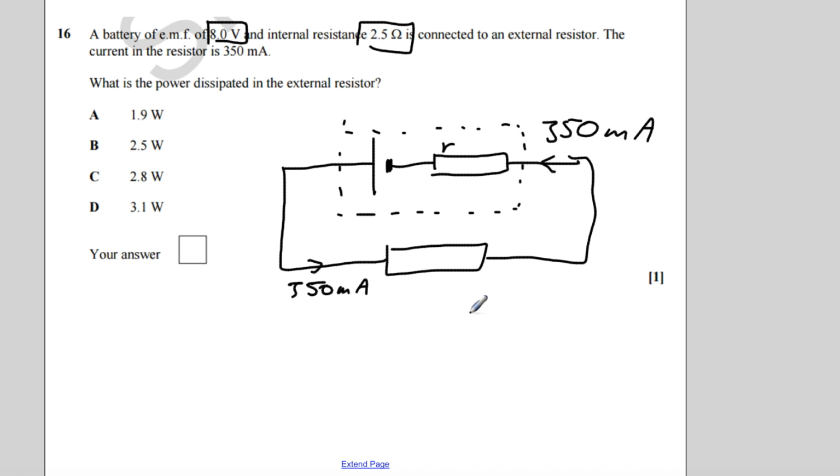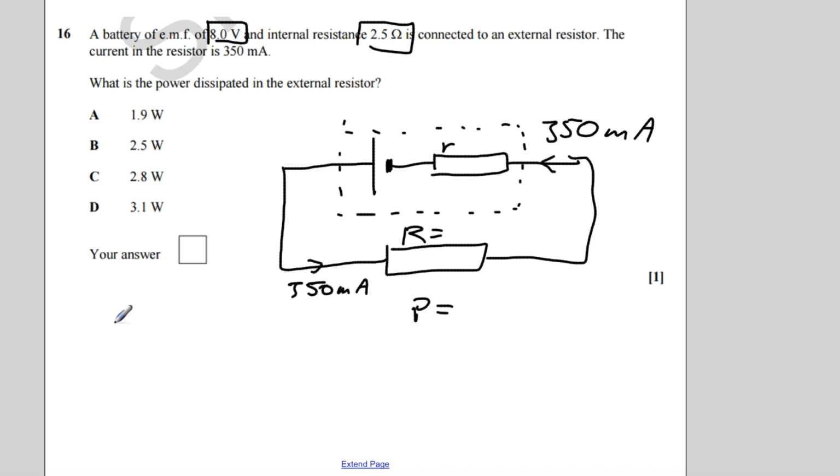So we want to find what is the power in this part of our circuit here. Now to do that, we need to find what the resistance is. So let's find the resistance of this external resistor.